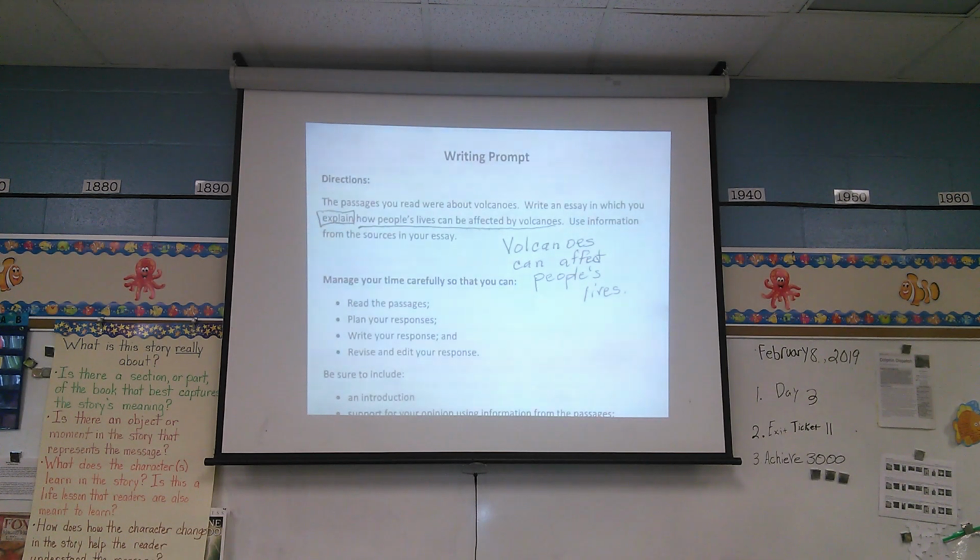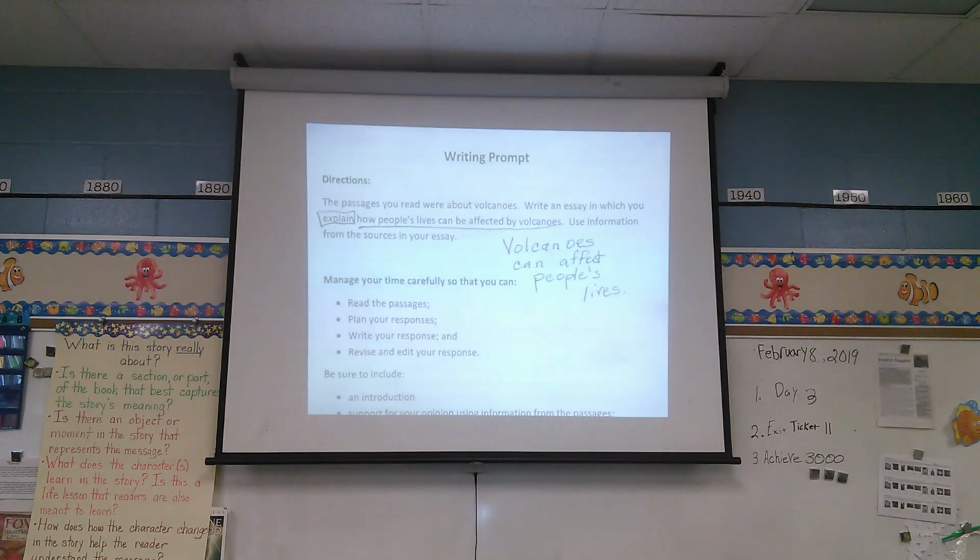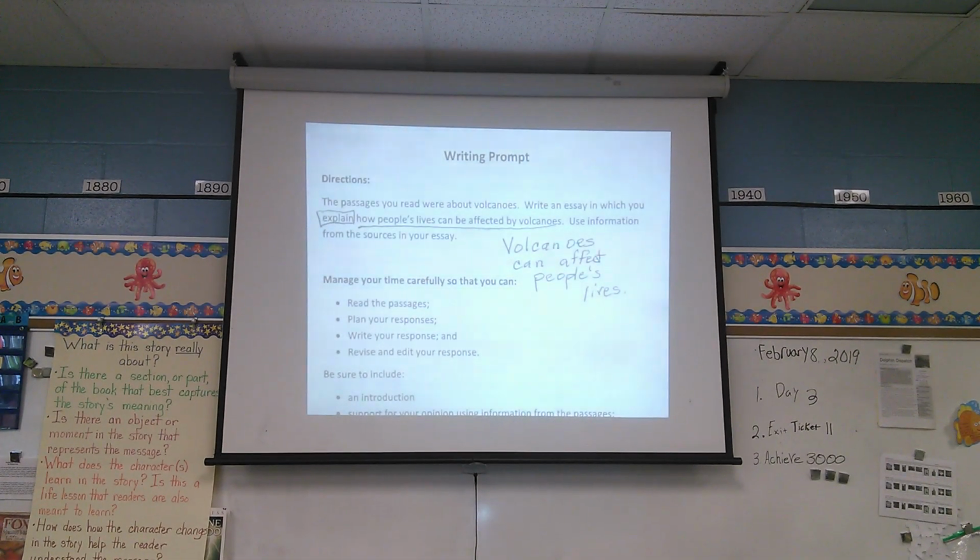Okay? What you need to be looking at is the text structure. Just looking at these directions and what they're asking you to do, what text structure should you use, Arav? Cause and effect.